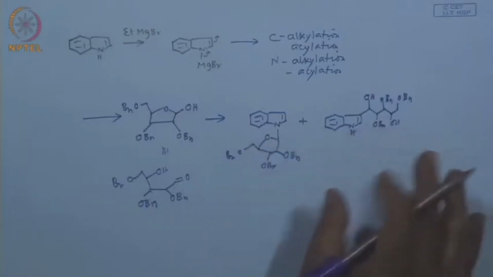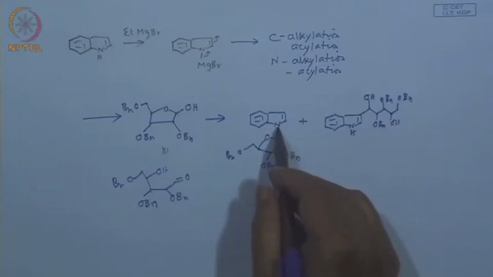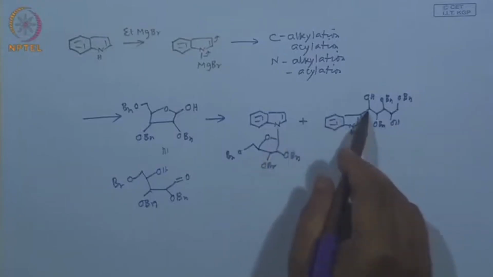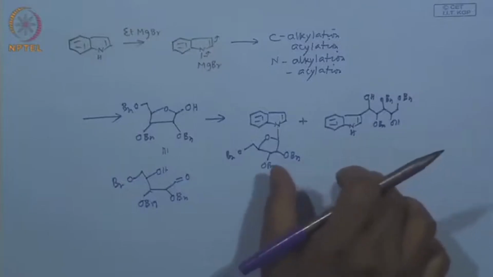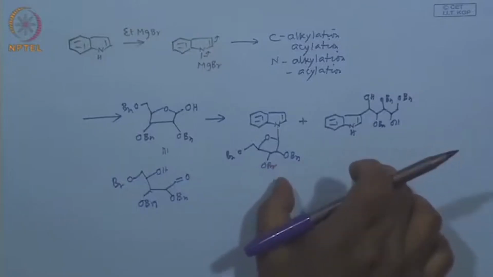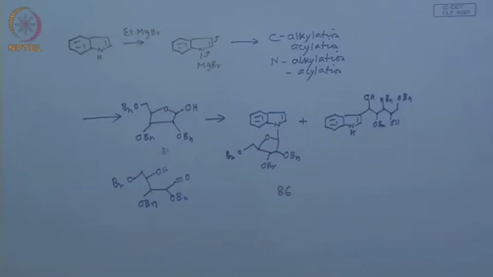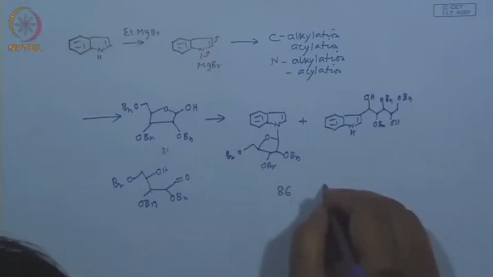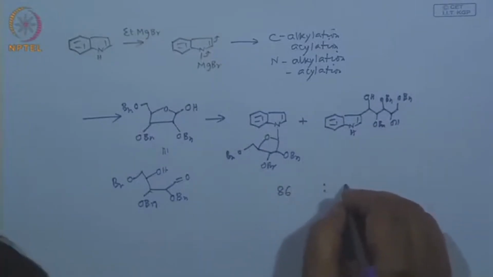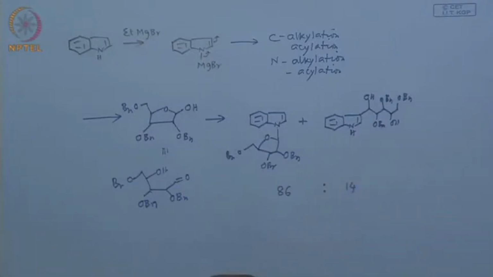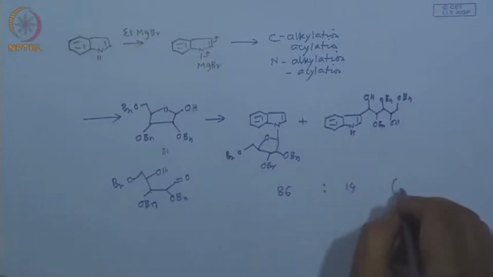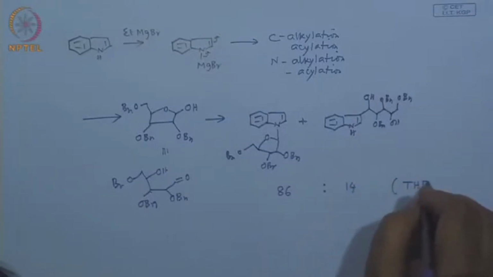In addition, there is a possibility that N alkylation takes place, or C alkylation or C acylation. In this particular example, these two compounds have been identified, but the striking thing is that both are produced, but in unequal amounts. The first one is produced in 86%, a 6 to 14 ratio, and the solvent used was THF.